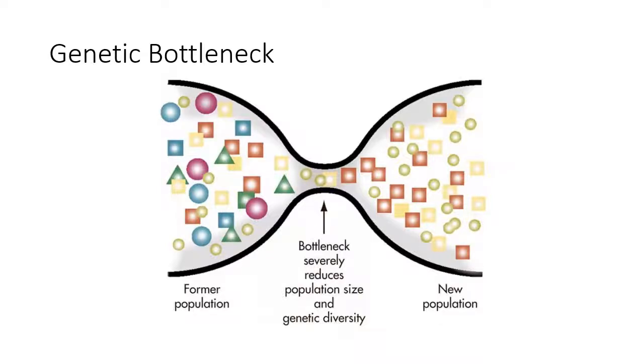A genetic bottleneck is when we have this limit right here, and what ends up happening is a bunch of traits don't make it through because something has happened which killed off a lot of things, or they weren't able to move with. And so because of that, a lot of traits get left out.